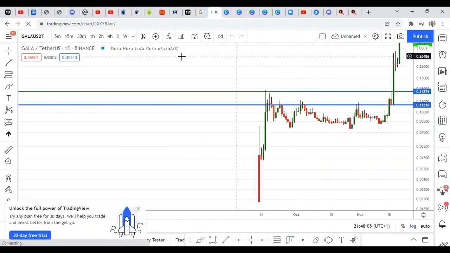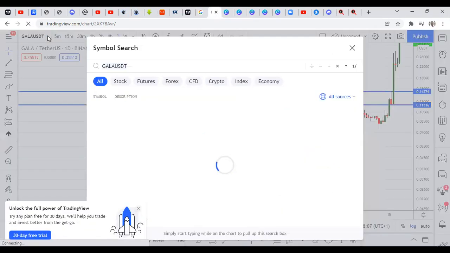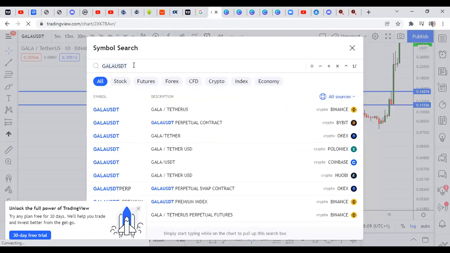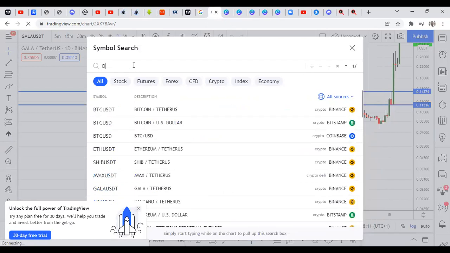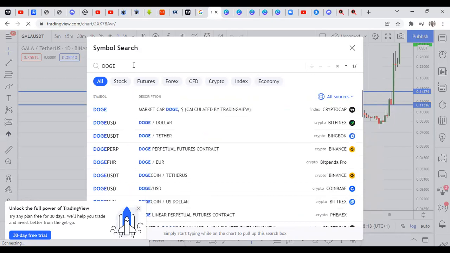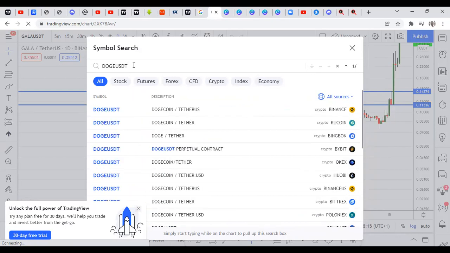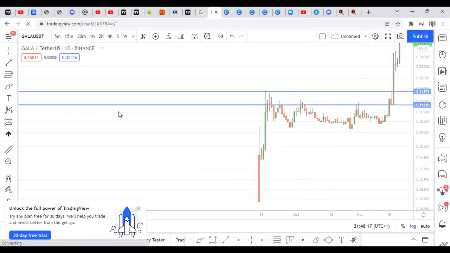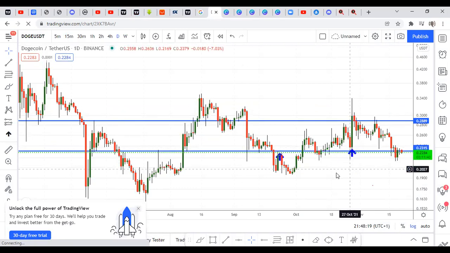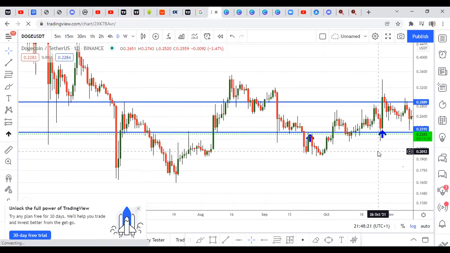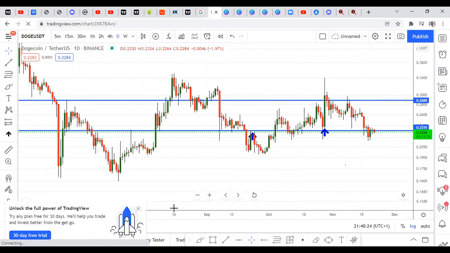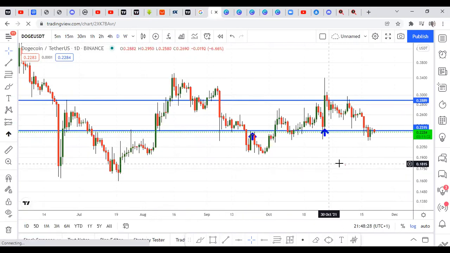I want to look at a market that has a long time history. So let's look at Doge USDT. Now, this is my Doge USDT analysis.